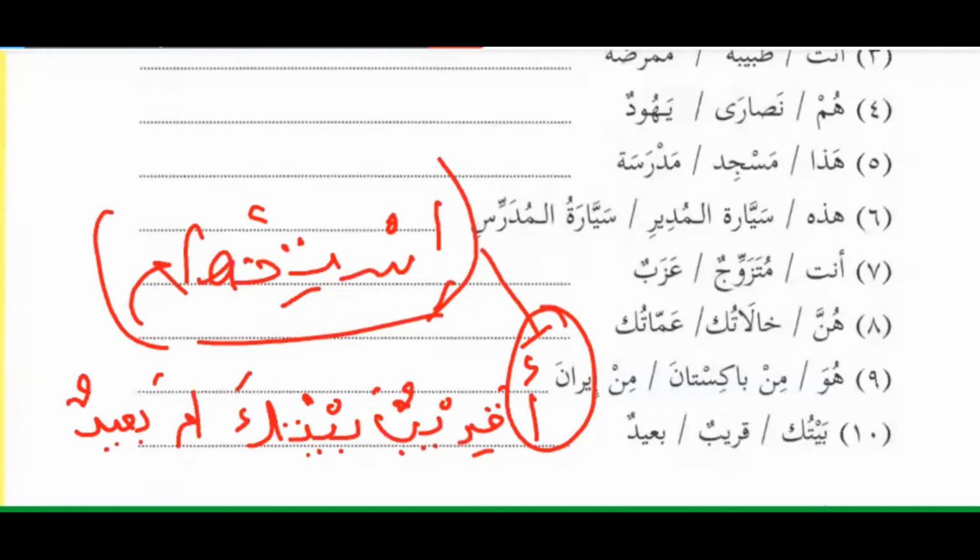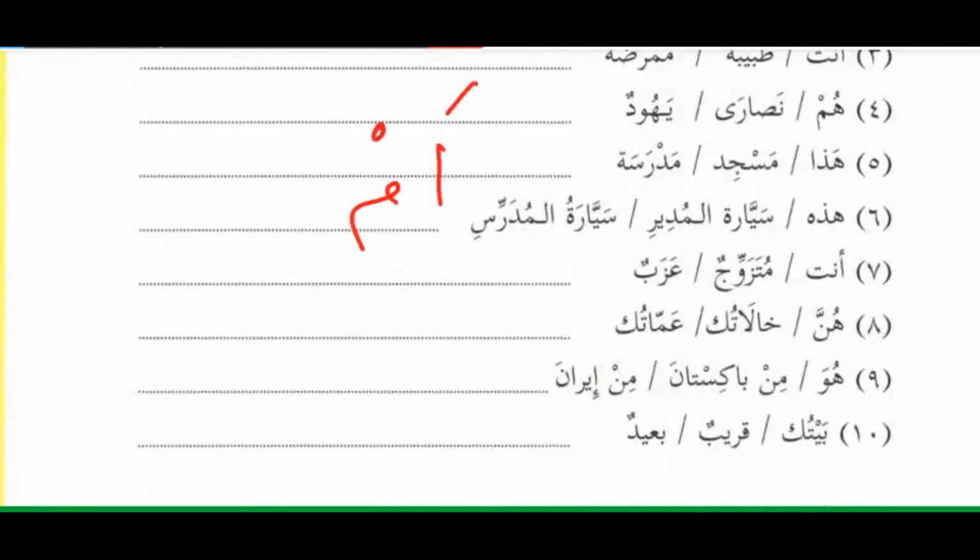In book number 1, chapter number 1, we studied the rule of haza baitun aw masjidun. Now it's coming also, but here it's coming as am, meaning or, and this is an interrogative sentence.